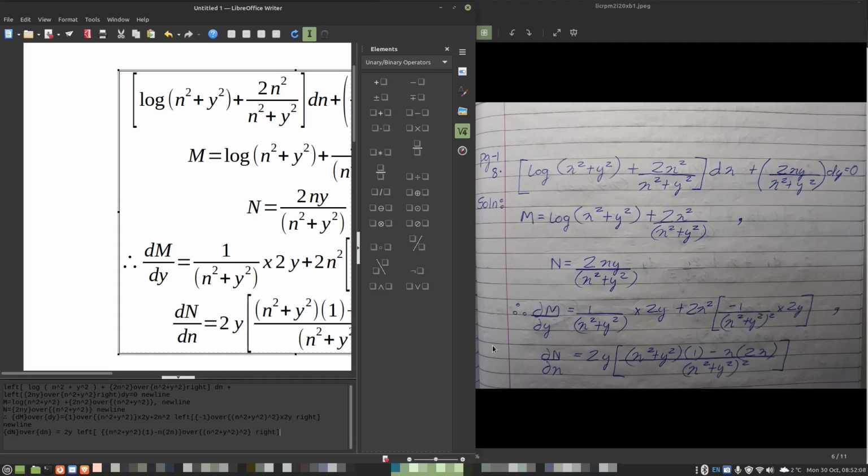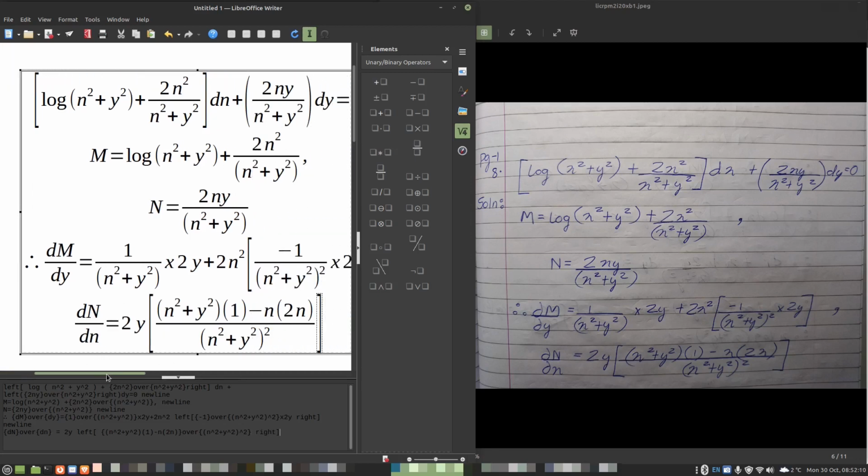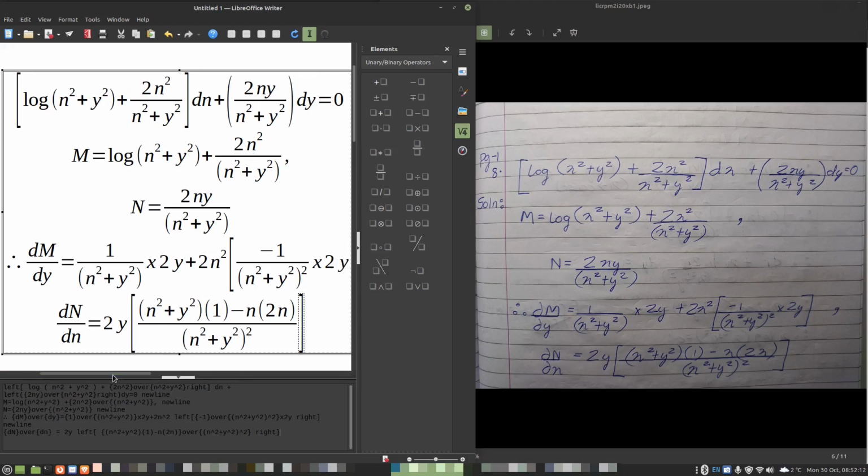And right bracket. Alright, so that's everything typed out.